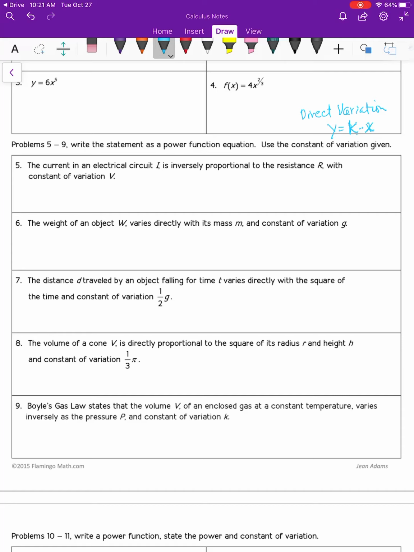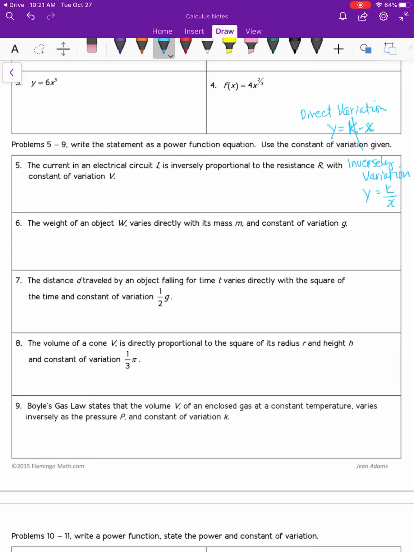You always have your k here, but your x would also be multiplied by k. And if y varies inversely, so inverse variation, y varies inversely as x, that would be your constant of variation divided by x. So that's the thought process we're going to use.